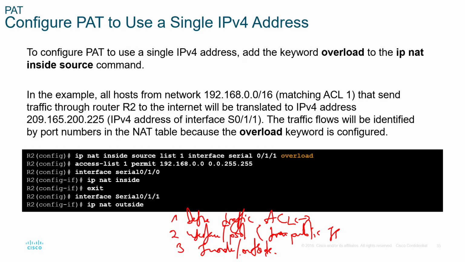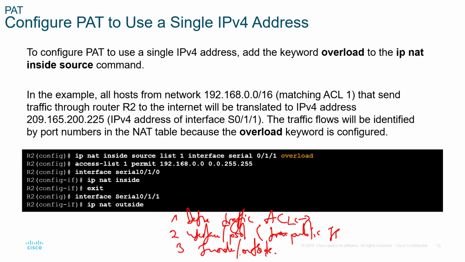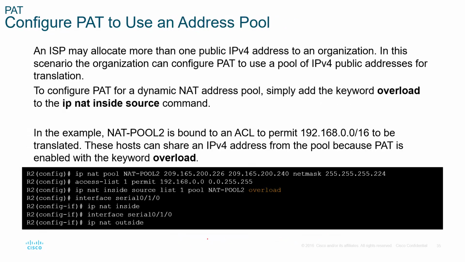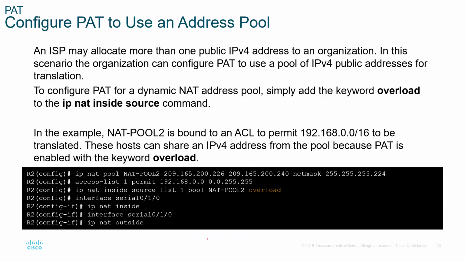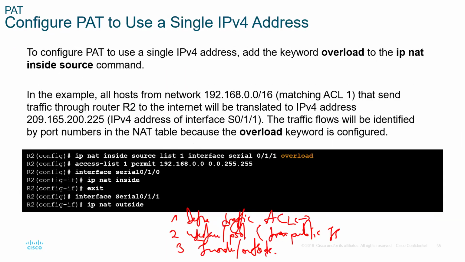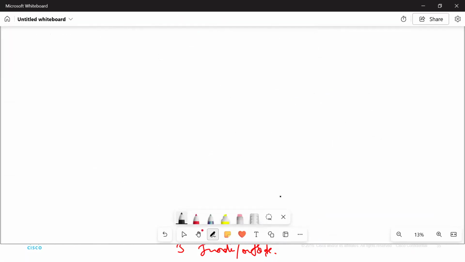Now, when we are using a single IP address, this is the same as when we're using an interface. How do I put this? There are basically 2 ways of configuring PAT. The first one is by using the interface. Example, let's have our network. Let's have PC1.